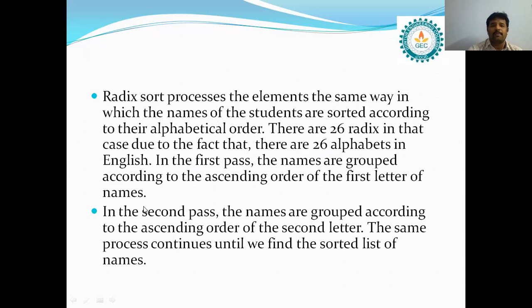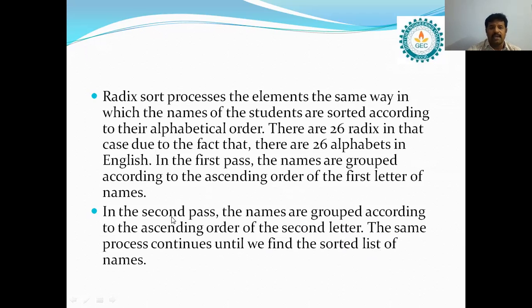The names are grouped according to the ascending order of the first letter of the name. In the second pass, the names are grouped according to the second letter, that is B. And in the third pass, all the names are grouped based upon the next letter, that is C, like that.